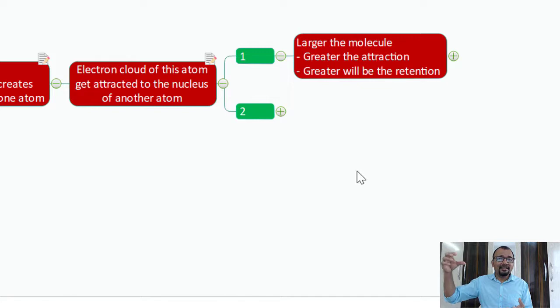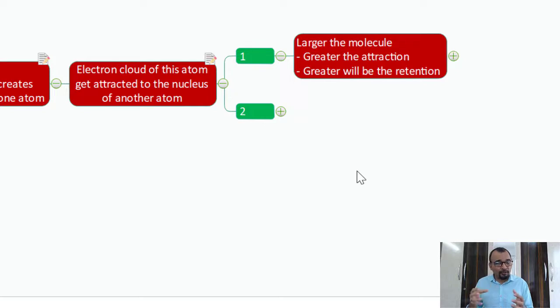But once the analyte has entered the stationary phase, based on the size of these molecules, they will have a different degree of interaction with the given stationary phase. The greater the size of the molecule, the greater the attraction forces as far as the London dispersion forces are concerned.